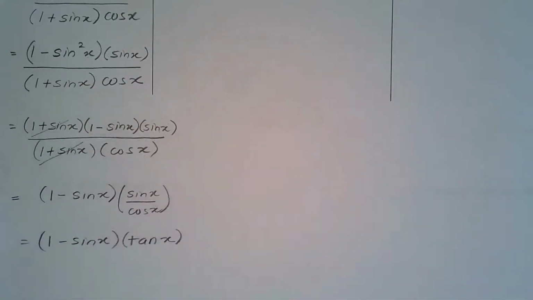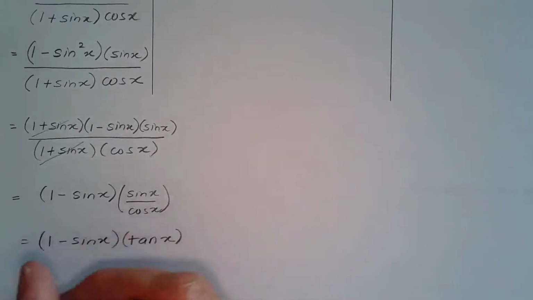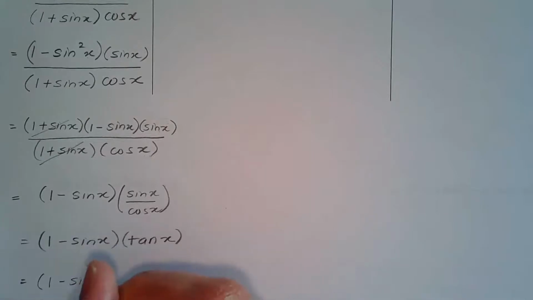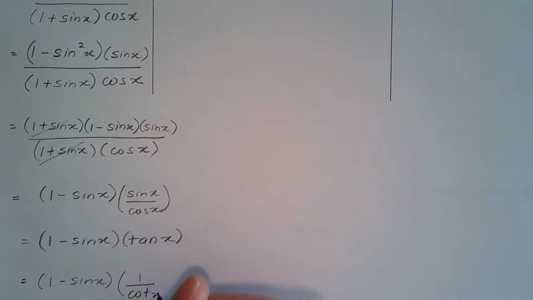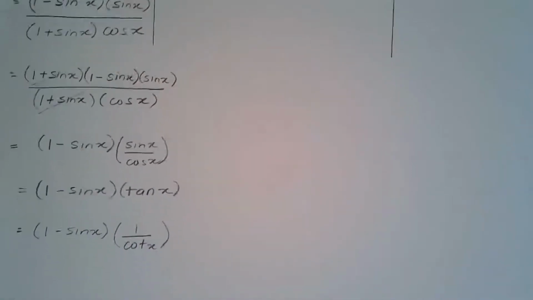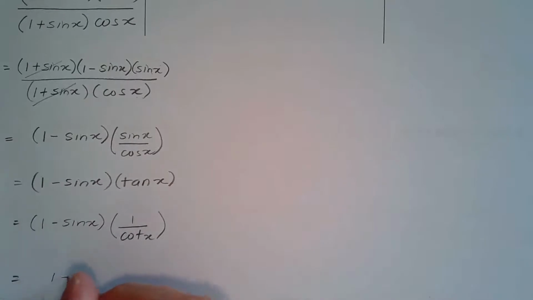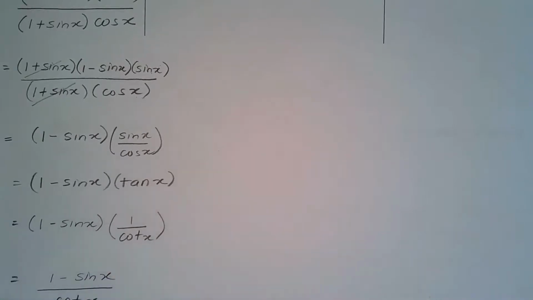Okay. And then, if tangent of x is the same thing as 1 over cotangent of x, so 1 minus sine of x times 1 over cotangent of x. Multiply them together, it's going to be 1 minus sine of x in the numerator, and then the denominator is cotangent of x.